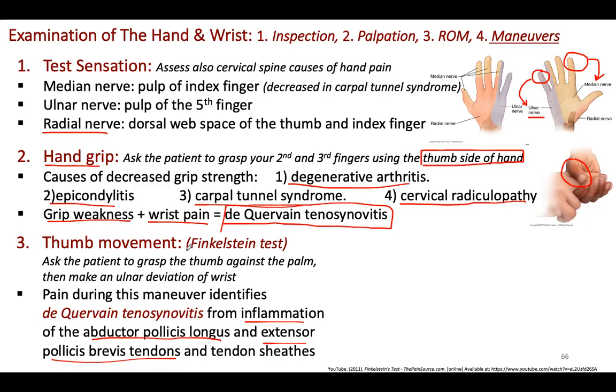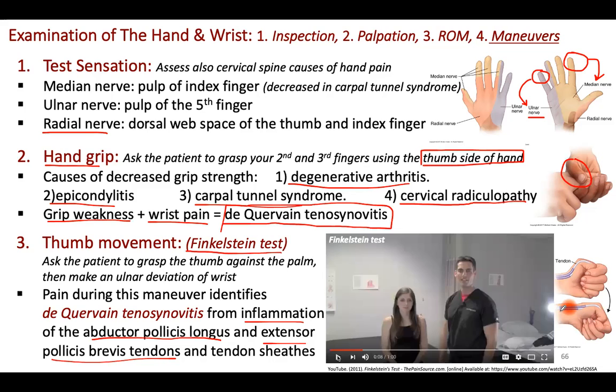And the test that we should do to diagnose it is the Finkelstein test. And this is how we do the Finkelstein test. Ask the patient to make a fist holding the thumb and extend or hyperextend the wrist like this. And this movement should bring severe pain at this point. And this is the Finkelstein test. And again, this video illustrates the test.